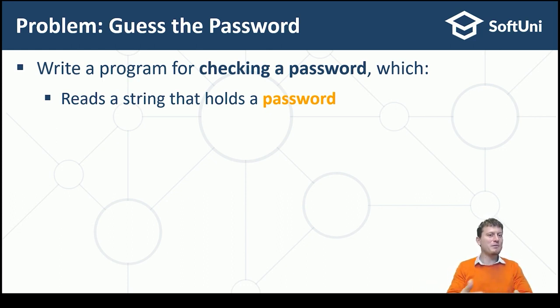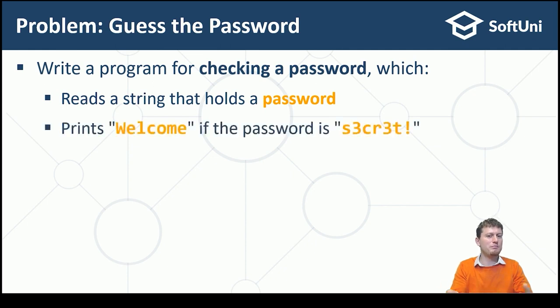So the first problem is called Guess the Password. It's about writing a program which is checking a password for a certain pre-given phrase, this one, secret exclamation, and it just takes a password guess.